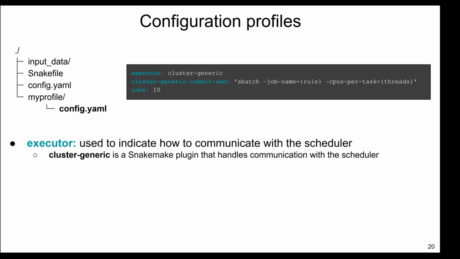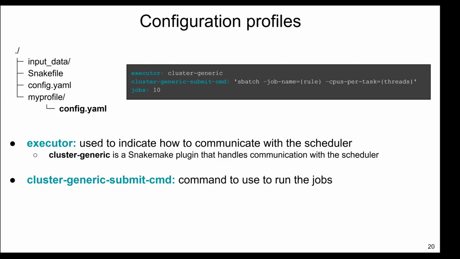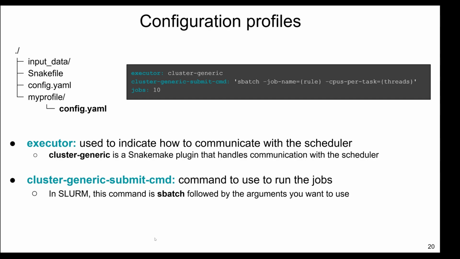The second thing is the cluster-generic submit command, which is the command used to run the job. In this command, you can actually add some configuration related to your cluster. So in the case of a Slurm cluster, that's the sbatch command that is used to submit jobs.